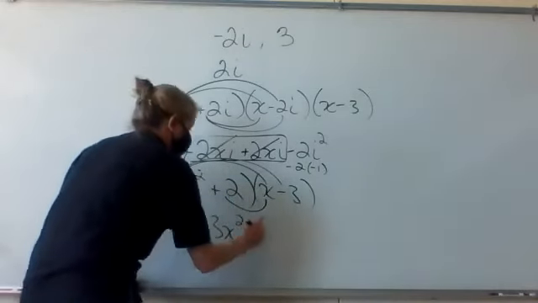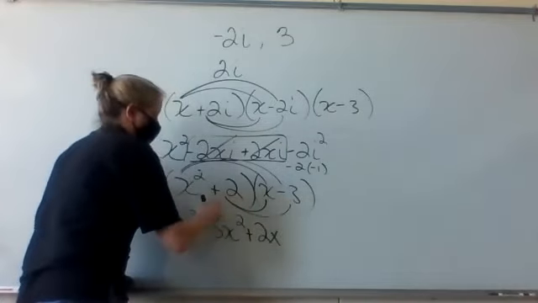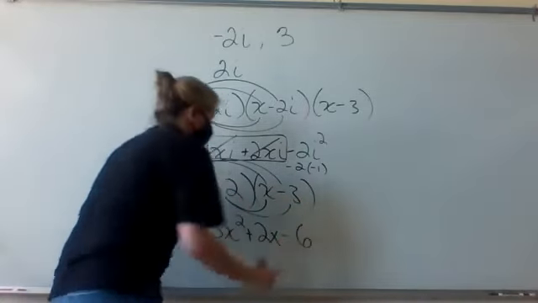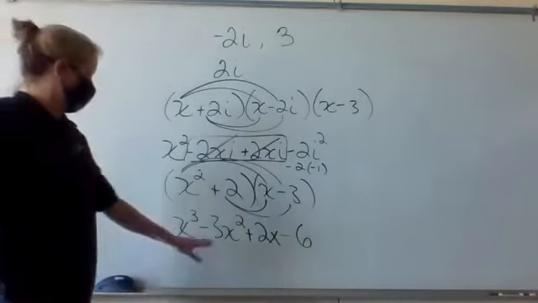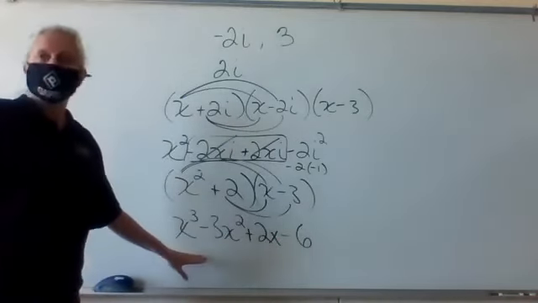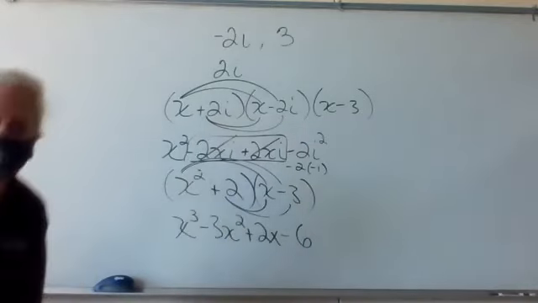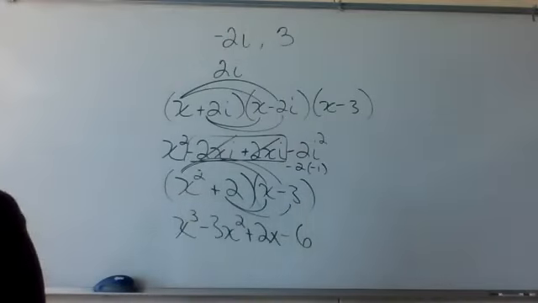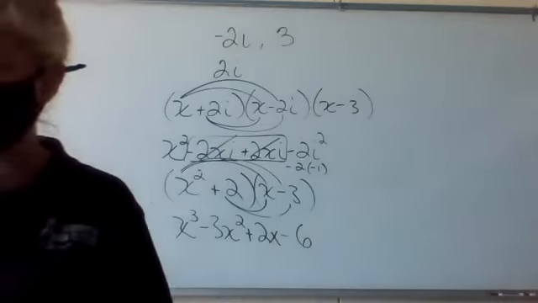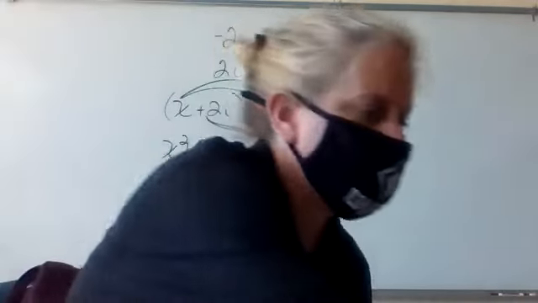My inner, positive 2x. And my last, positive 2 times negative 3 is negative 6. Nobody combines. And my exponents are already in descending order. So that's as far as that one goes. So on Wednesday, we will start with number 11.